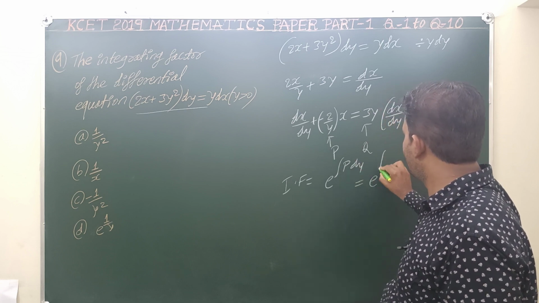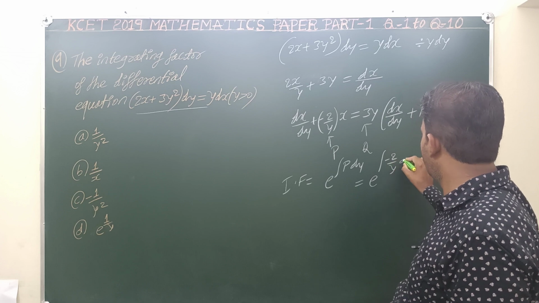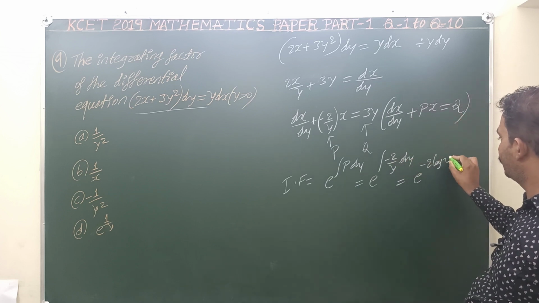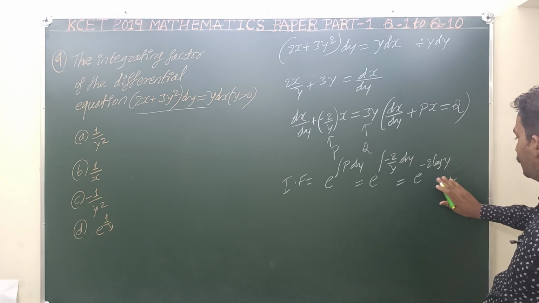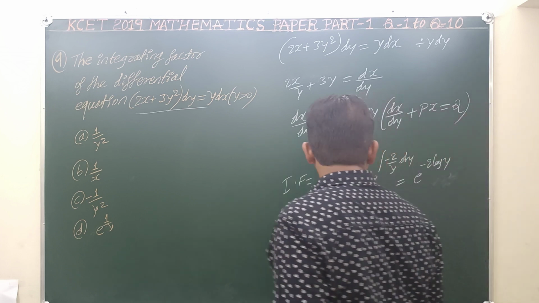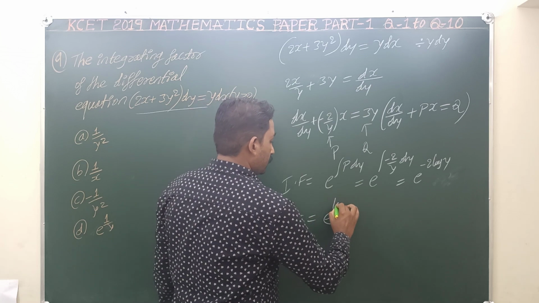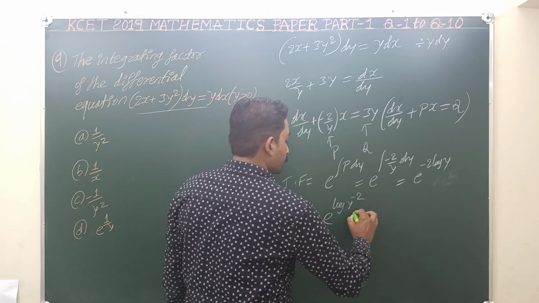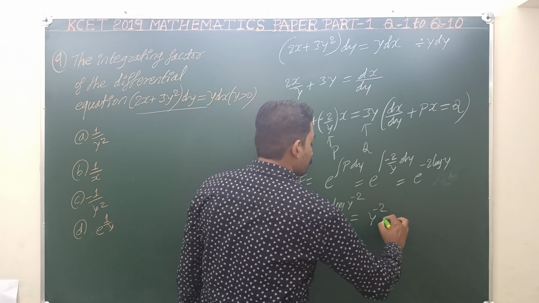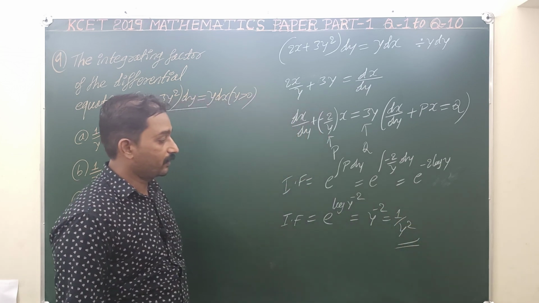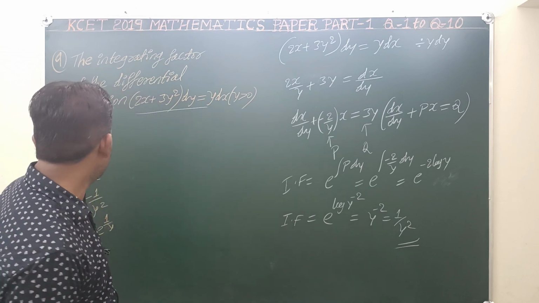So here p is minus 2 by y into dy, it becomes minus 2 log y. It becomes e power, integrating factor e power log of y minus 2. So y to the power of minus 2 equal to 1 by y square is the answer of this question.